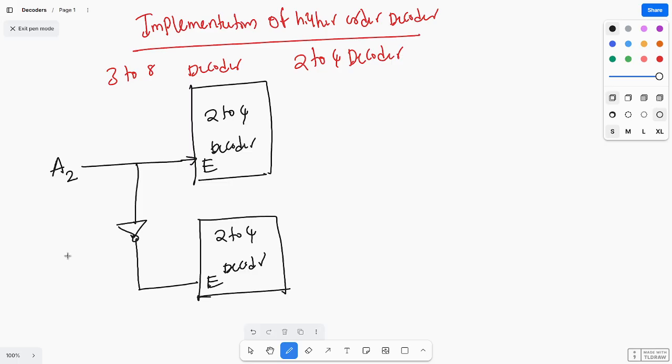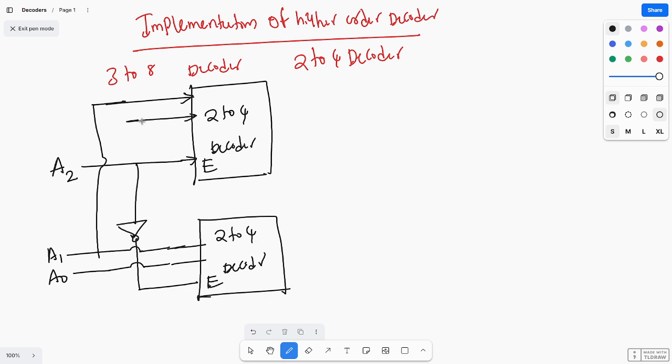So this is A1 and this is A0. A1 and A0 are common for these two decoders.